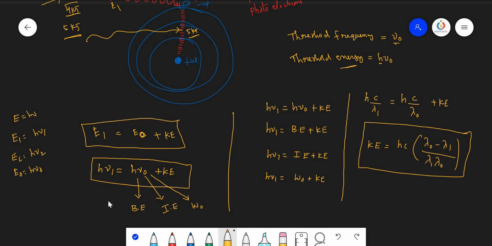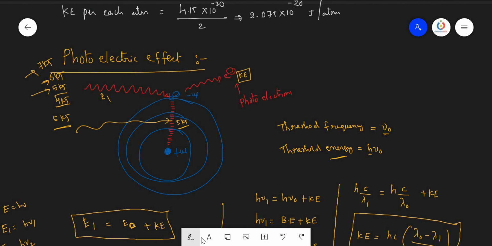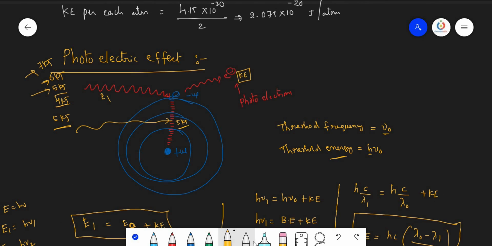What other related information is associated with the photoelectric effect? See, how many photoelectrons can we remove from a particular atom, and what is the relation between the number of electrons coming out and the energy of the light that falls on the surface of the metal? As I said, every time you increase the energy of the light that falls on the metal, it increases the kinetic energy, but it does not remove more electrons.